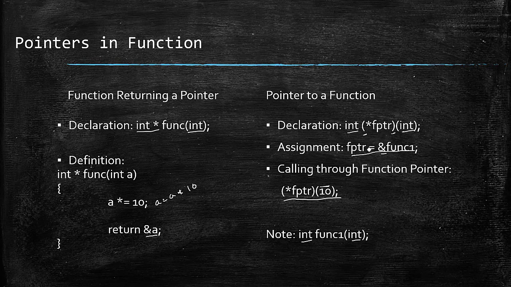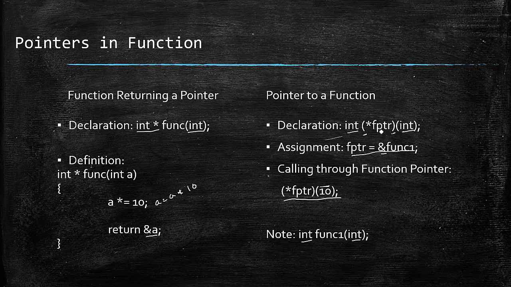So in the first case, it is a function returning a pointer, because the function has higher precedence than the pointer. And here we are saying it is a pointer to a function, because by using the parenthesis, we are giving more priority to the pointer part.